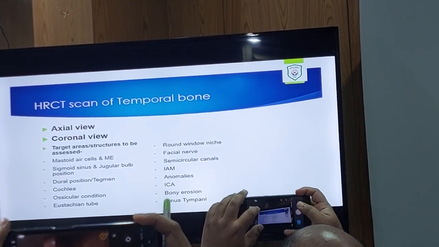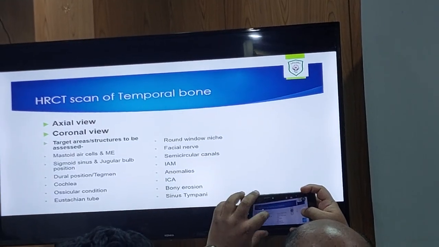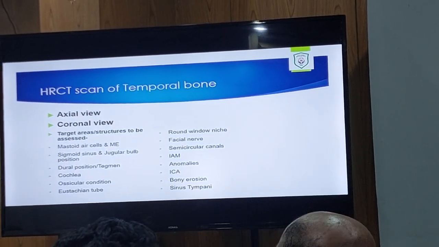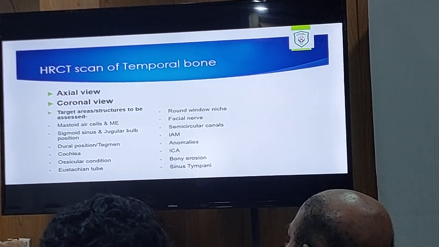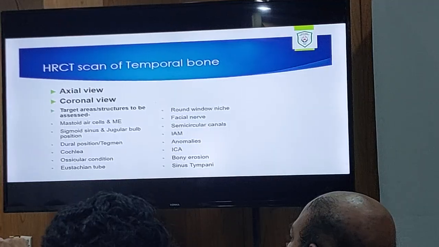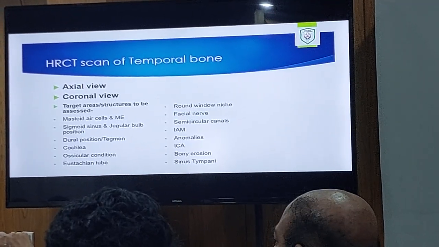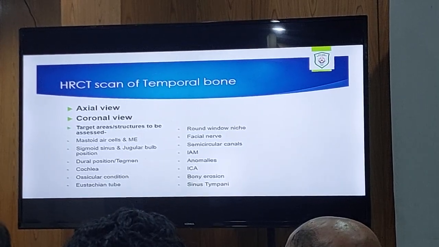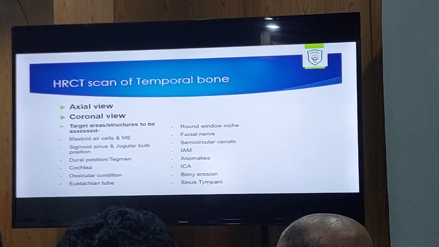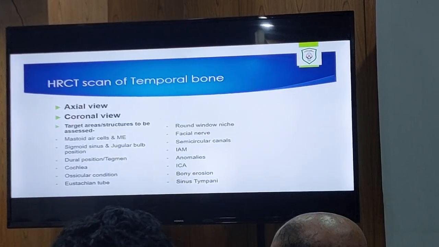If you have the DICOM format software, you can make both ways in a single picture, a single slice. You can see the axial view, and you can convert it into the coronal view. So it is very nice.